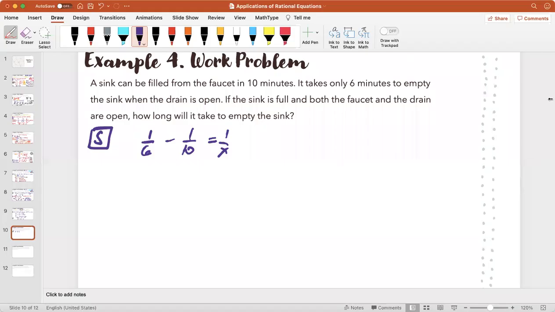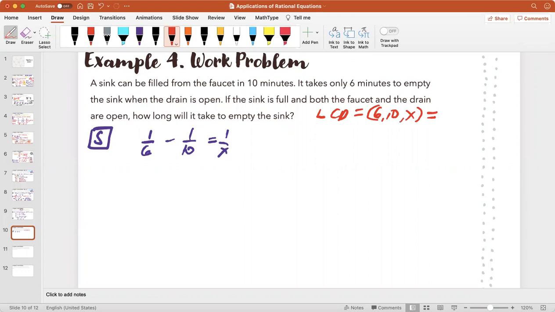One over 6 minus 1/10 equals 1/x. Let's look for the LCD of 6, 10, and x. Let's have 6 and 10 first. What's the LCD of 6 and 10?